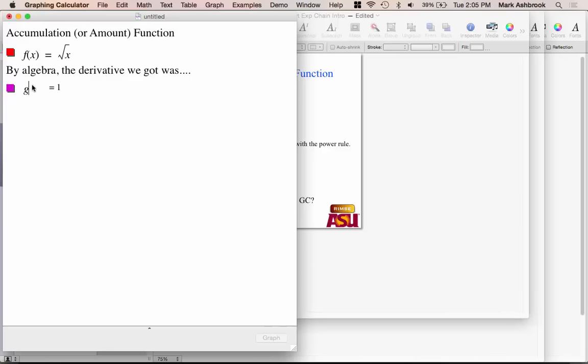I'll just call it g, okay? Because we're going to save r for the trusted. So what do we get? 1 divided by 2 square root of x. All right, so that was by algebra, so we're prone to mistakes, but what do we trust?